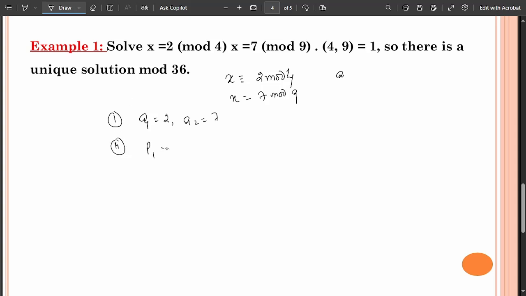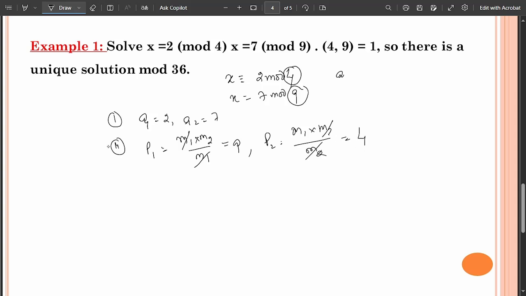P1 is m1 m2 divided by m1, so it is m2, which is 9. P2 is m1 m2 divided by m2, so it is m1, that is 4.